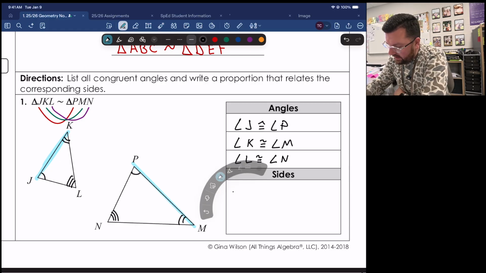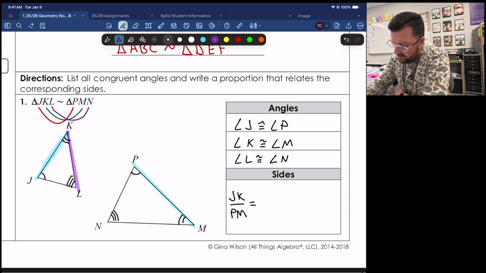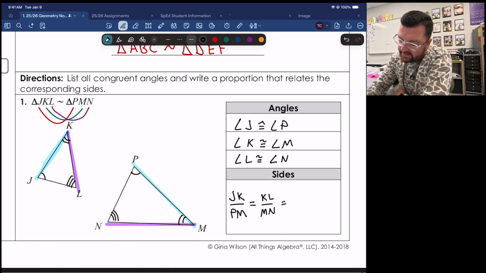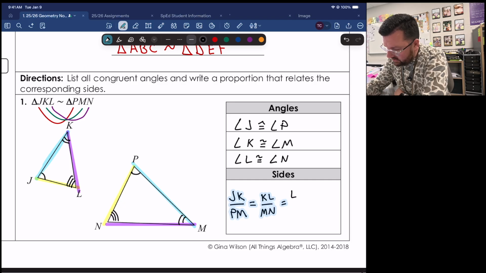So JK over PM is equal to my next side. I'm going to pick KL. Which one's proportional to KL? MN. So KL over MN. And that's equal to the last side in my diagram, which is going to be JL and PN, or you could say it backwards. You could say LJ over NP.